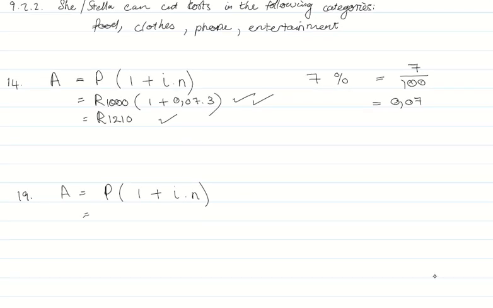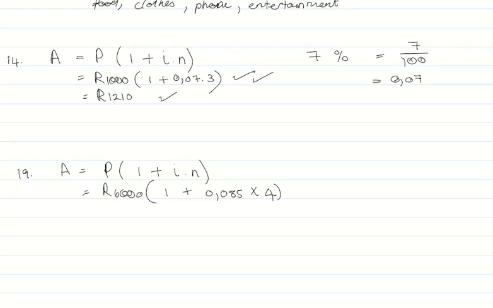Where is that 6,000 Rand going to be? By P. What else do they give me? The 8.5%, which can be written as 0.085, and I multiply that with 4. Did you get that? You multiply that with 4, and then I say good.